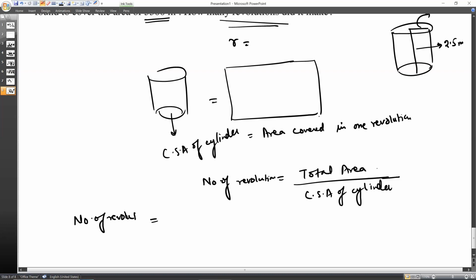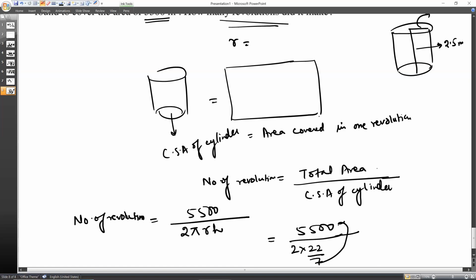Sir, the number of revolutions is equal to the total area, 5500, on which the roller is rolled, upon the curved surface area of the cylinder, which is 2 pi r h. So 5500 upon 2 into pi; pi is 22 by 7, but this 7 will go up. Whichever is in the denominator will go in the numerator.